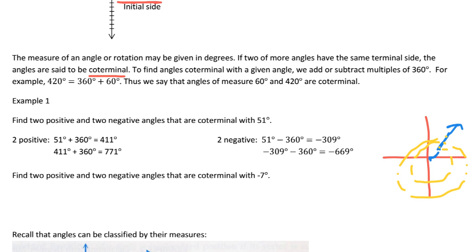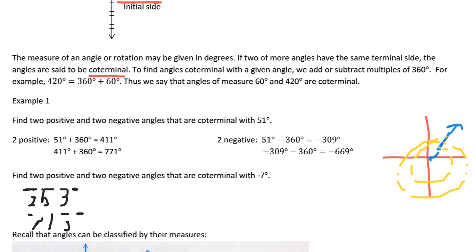So we're looking for two positives. Negative 7 plus 360 is 353 degrees. Now if I add 360 again, I get 713 degrees.